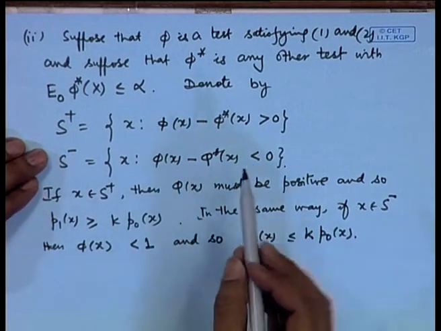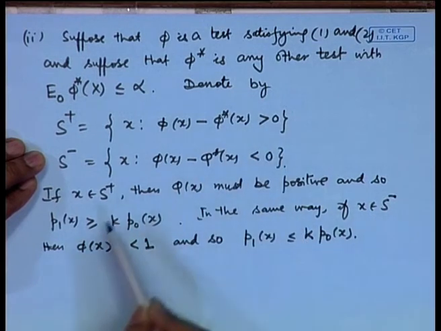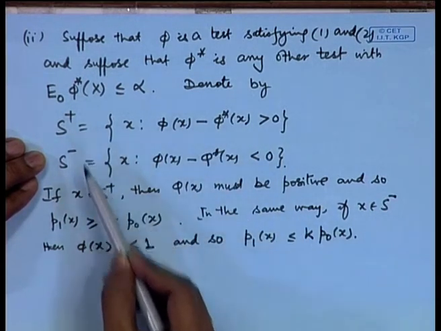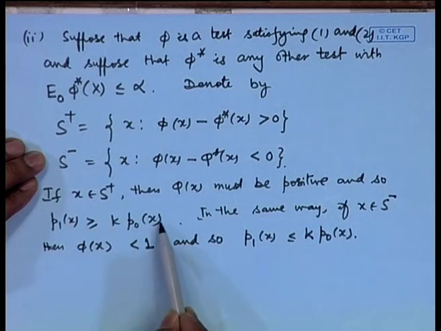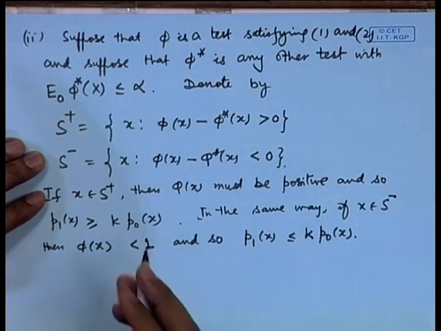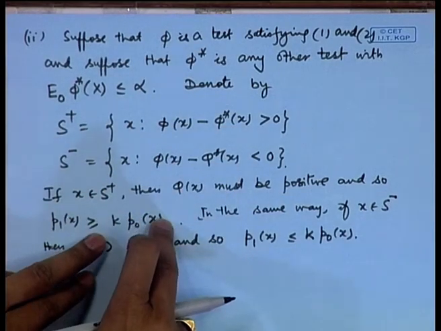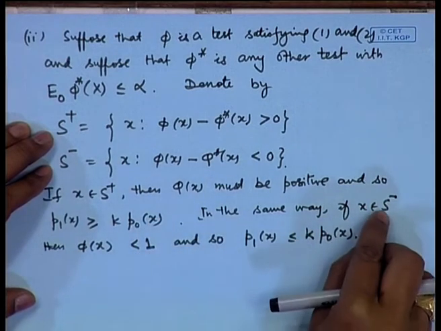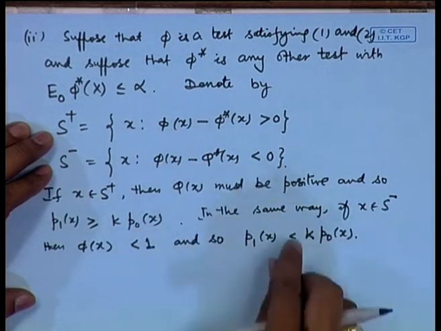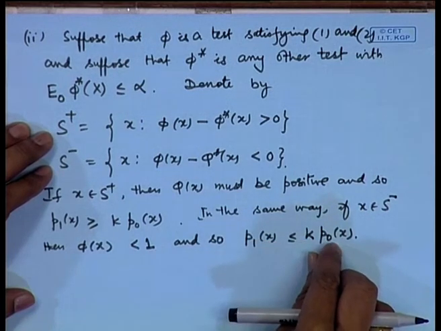So, let us look at this. We are having phi x minus phi star x greater than 0 when x belongs to S plus, and for that x, p 1 x minus k p naught x is greater than or equal to 0. So, if I multiply these two terms, I will get a non-negative quantity. On the other hand, if x belongs to S minus, then this is negative and p 1 x minus k p naught x is also negative, less than or equal to 0.